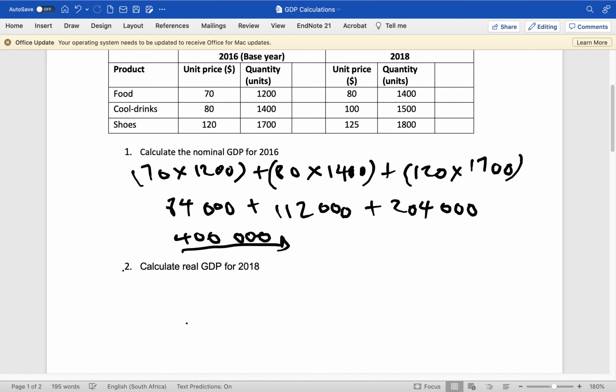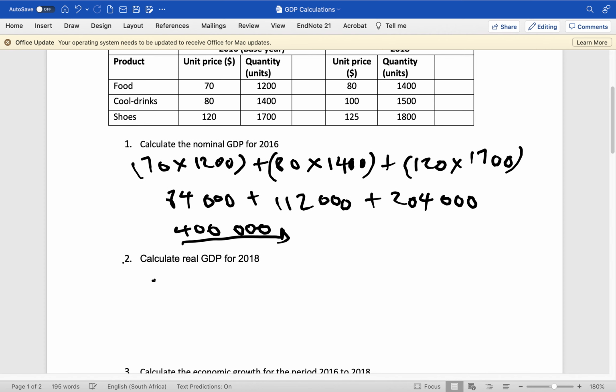So let's move on. So it's going to be 70 multiplied by 1400. So here's our 1400, the one I'm referring to, and this is the unit price which I am considering in this example for calculation.